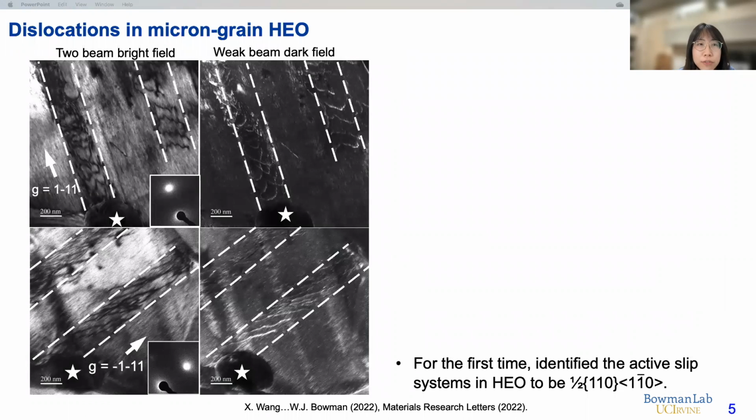So we've taken a further step to study the dislocation characteristics, for example, their Burgers vector and their slip planes.